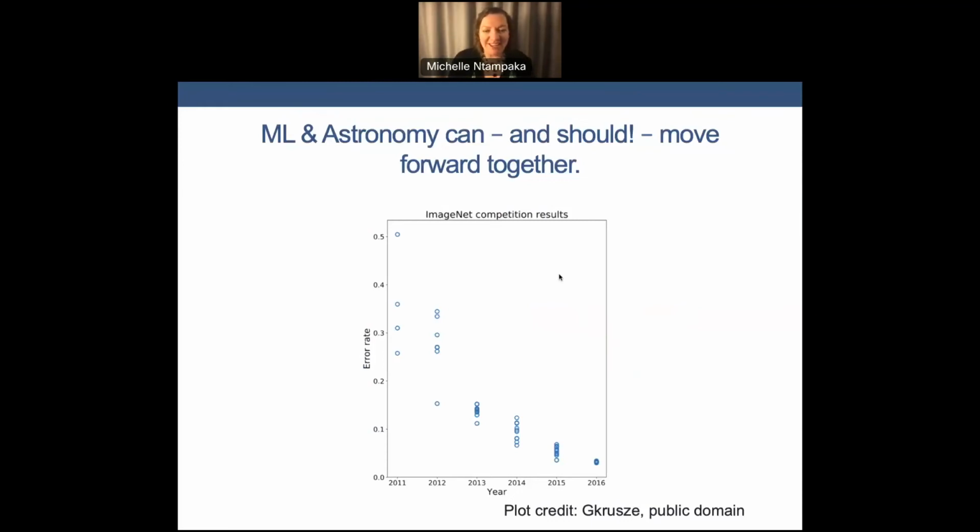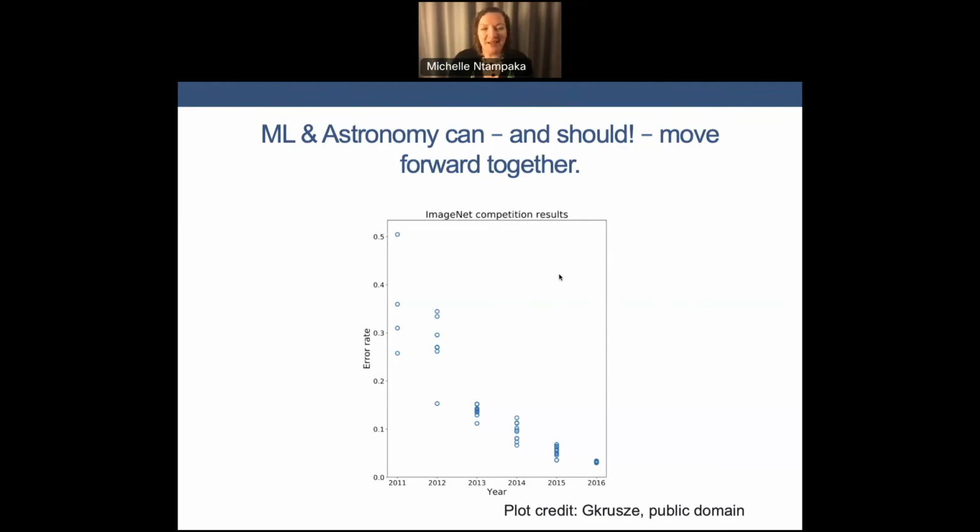Here what I'm showing is, as a function of year, ImageNet competition results. ImageNet is an image classifying competition. And you'll see a surprising outlier in 2012, that really low error outlier at about 15%. This is AlexNet.